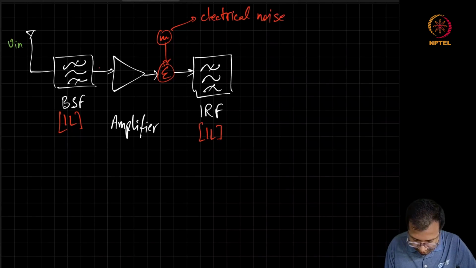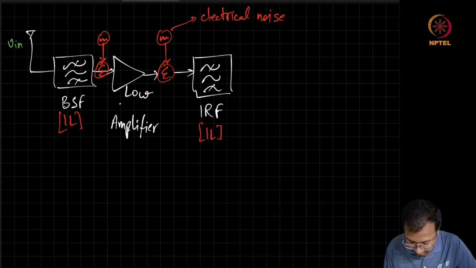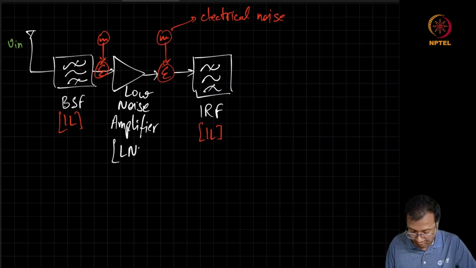This is being added everywhere. So when we are trying to amplify, we need to make sure such a block adds a minimum amount of this undesired electrical noise. So this block is also called a low noise amplifier, or in short, LNA.